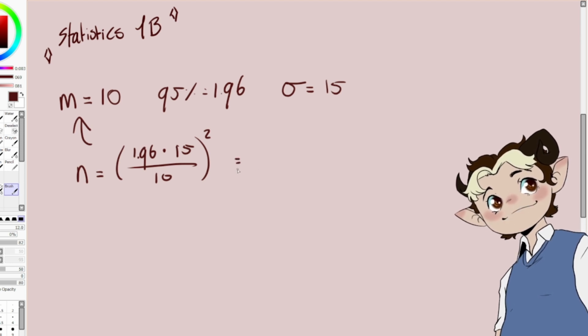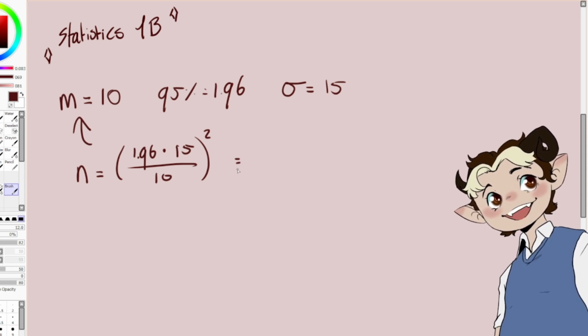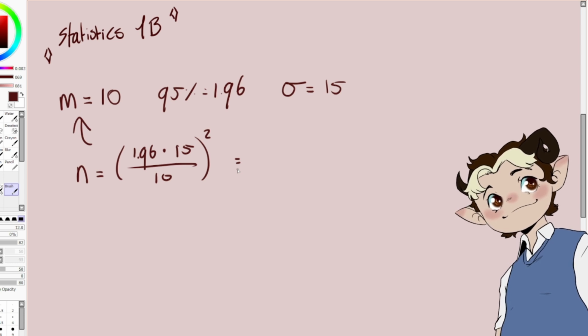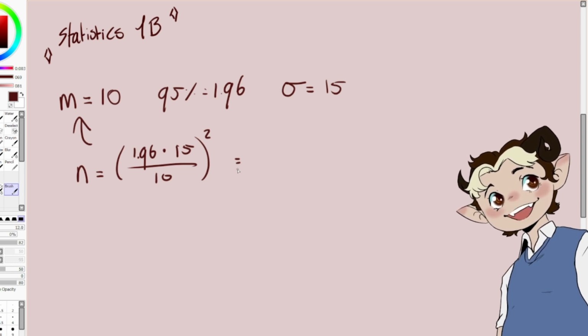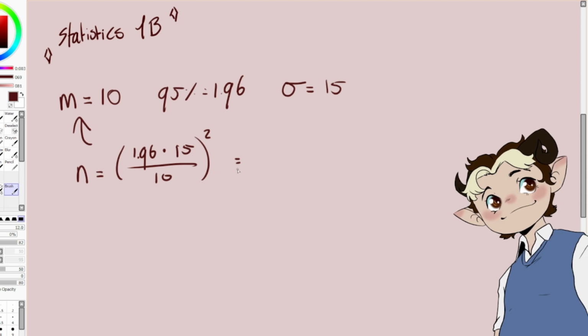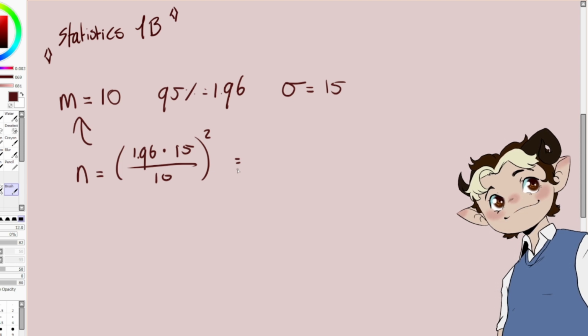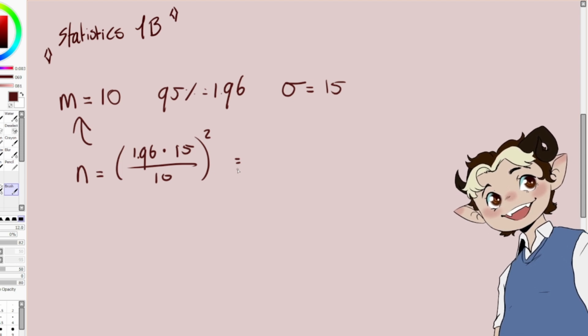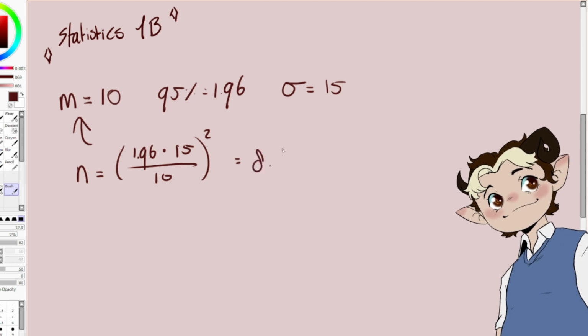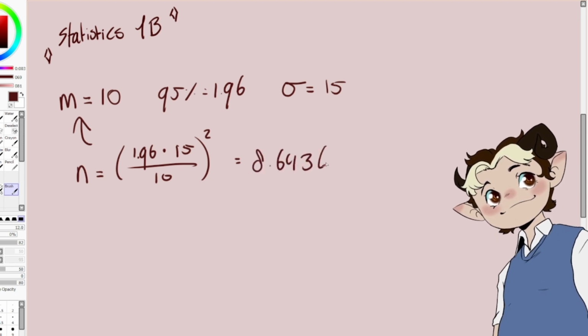If we do this, let's look that up on my calculator real quick. So 1.96 times 15 divided by 10, squared would be 8.6436.